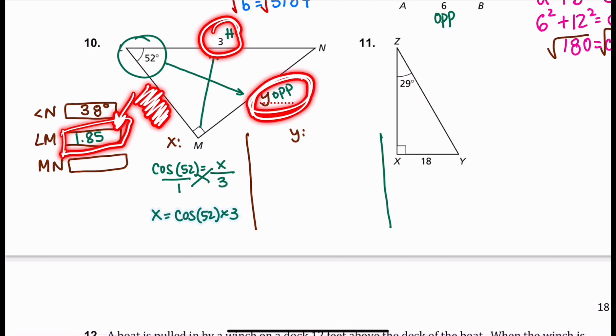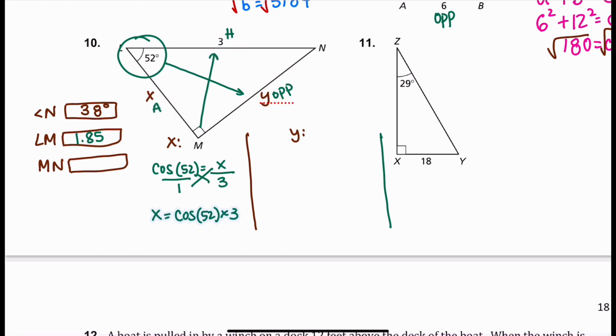I'm going to use the opposite and hypotenuse. So I'm going to use sine, which is equal to opposite over hypotenuse, since those are the two that I'm going to be using. So sine of 52 degrees equals opposite y over hypotenuse 3.